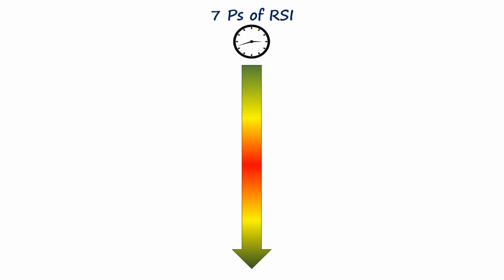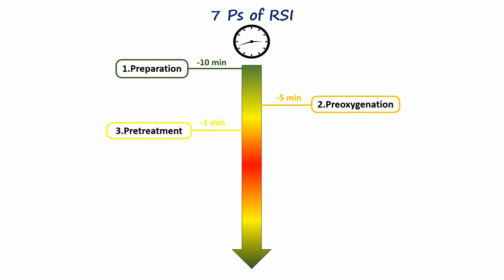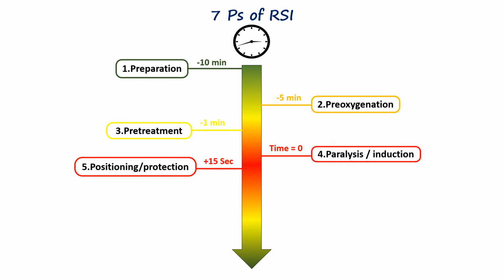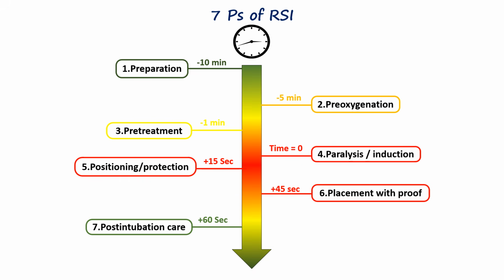The 7 P's are preparation and planning, preoxygenation, pretreatment, paralysis with induction, positioning and protection, placement with proof, and post-intubation management. The approximate time frame within which this task should be completed is also given here. We will look into each one of them next.